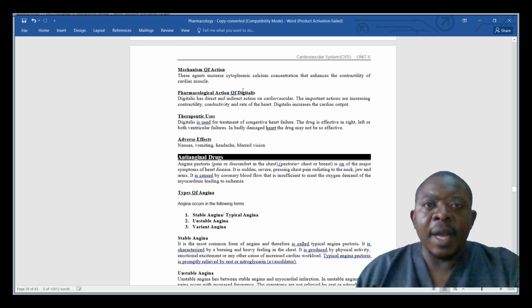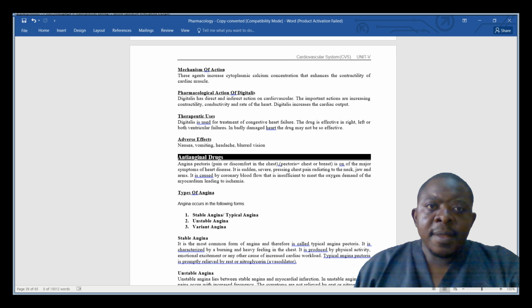Pharmacological action of digitalis. Digitalis has direct and indirect action on the cardiovascular system. The important actions are increasing contractility, conductivity, and the rate of the heart. Digitalis increases cardiac output. Therapeutic uses.